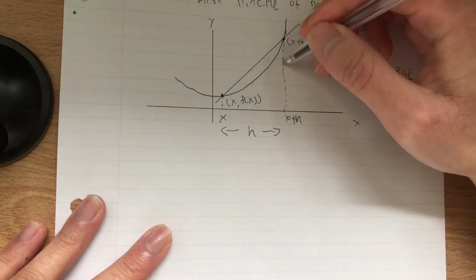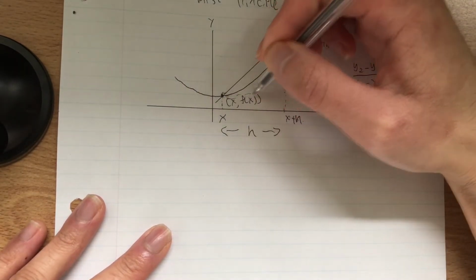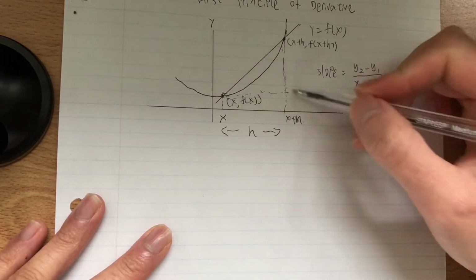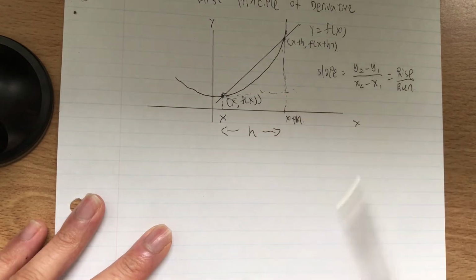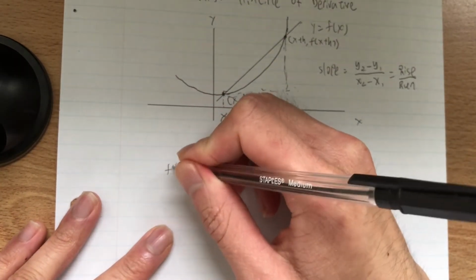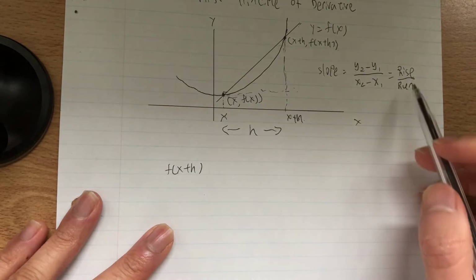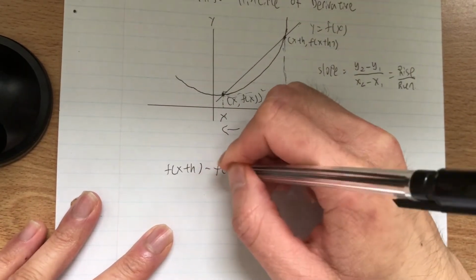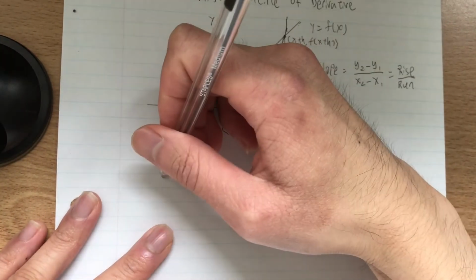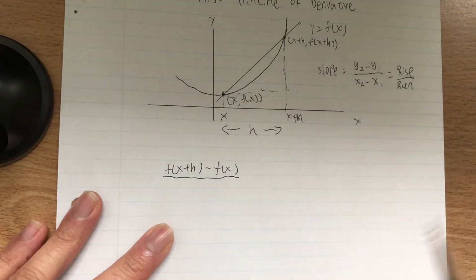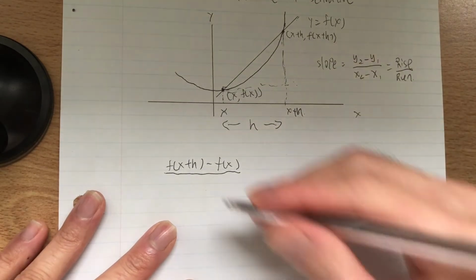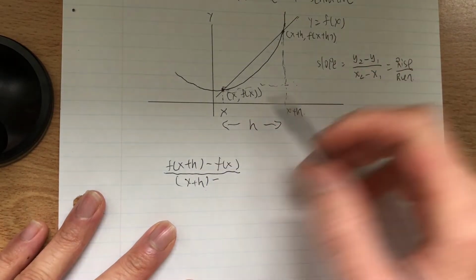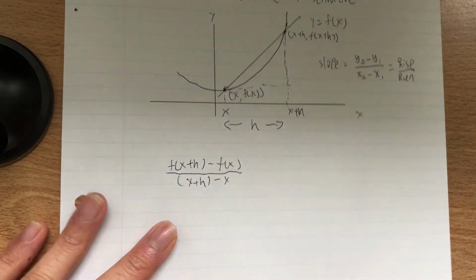Let's look at the slope of this line here. The rise is y2 minus y1. y2 is f at x plus h, minus y1, and y1 is f at x, over x2 minus x1. x2 here is x plus h, minus x1, and x1 here is x.